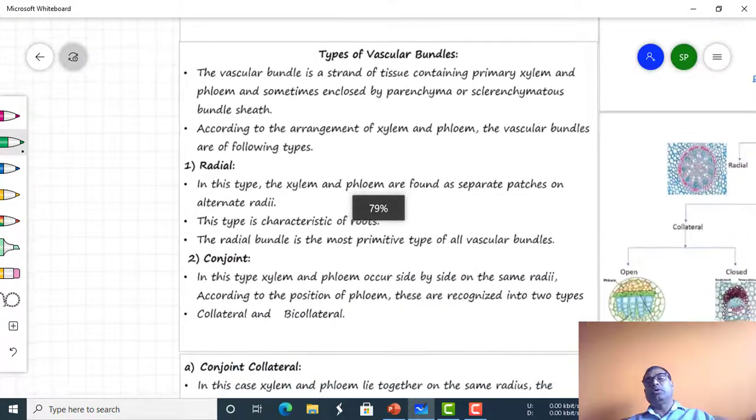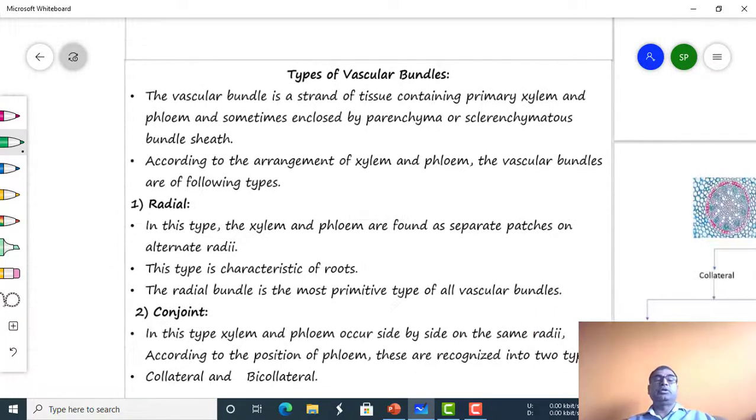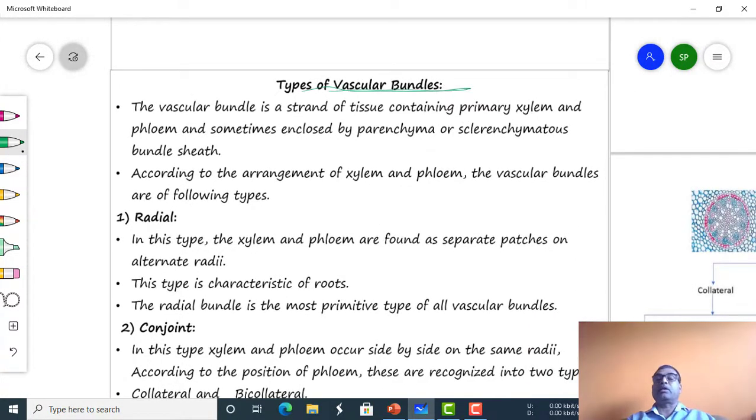And one more important point is the types of vascular bundle. Which are the types of vascular bundle? A vascular bundle is a strand of tissue containing primary xylem and phloem, sometimes enclosed by either a parenchymatous or sclerenchymatous bundle sheath.